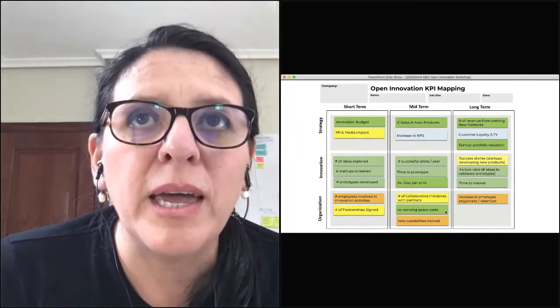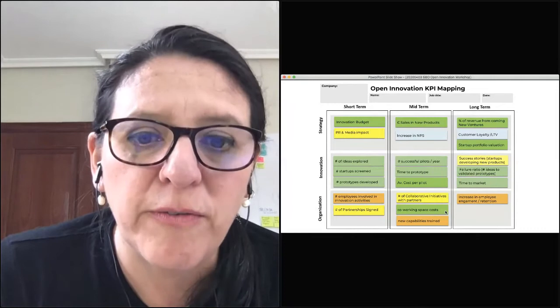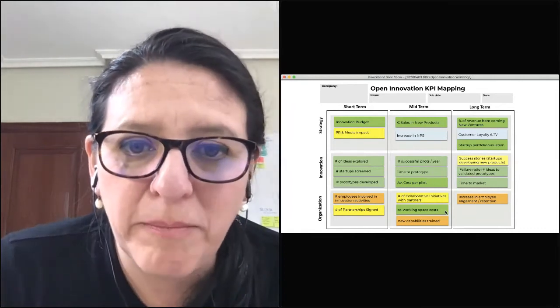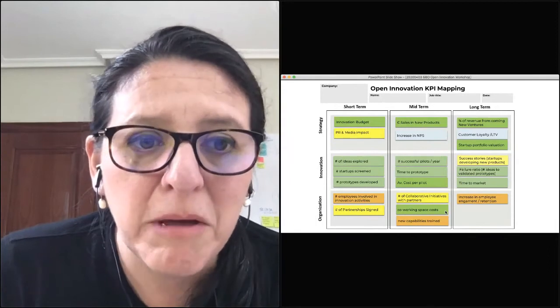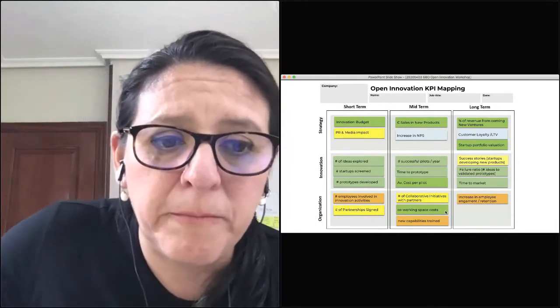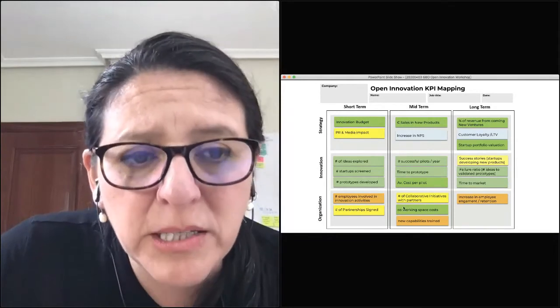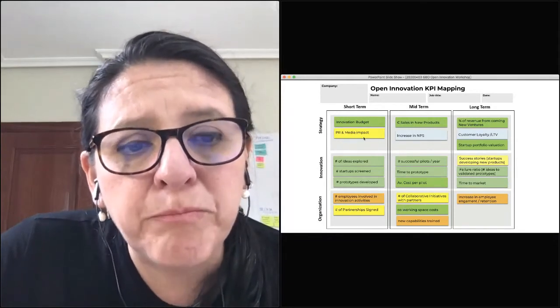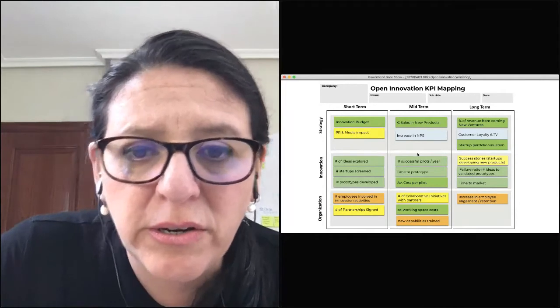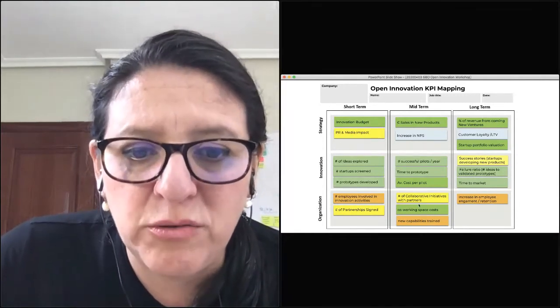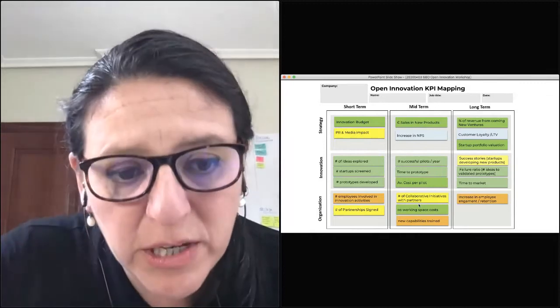How do we measure the success of all the teams involved in the process? And not all the KPIs need to be about money. Maybe some of them are about learning or employee development, or maybe brand recognition or customer loyalty. Not everything is related to money, and that's important to think about.